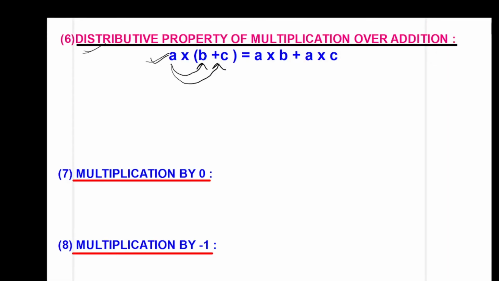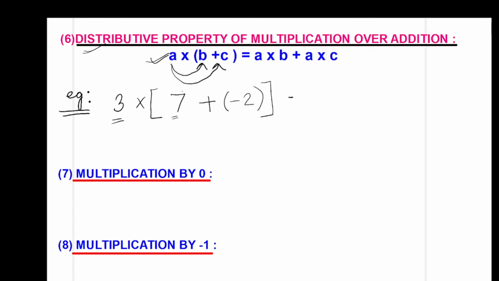Okay. So suppose we are taking one example, 3 into 7 plus minus 2. So we have to distribute 3. That means 3 we have to distribute with 7 and minus 2.